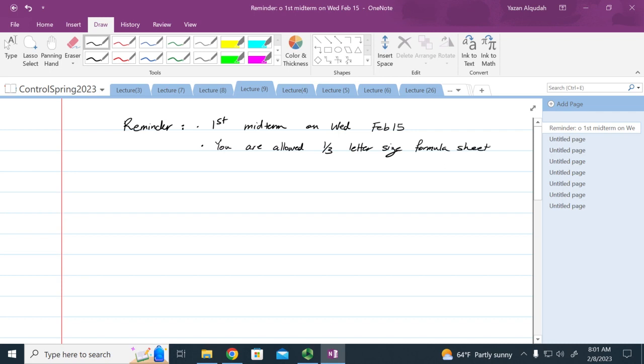So you're going to take letter size, divide it into thirds. One third you're going to use for the first exam, the second third for the second exam, and the third for the final exam. So you can write whatever formulas you want. So would you be using the sheet as a continuation? Yeah. Okay. Yeah, you're going to keep the sheet with you. Right. So you bring it again on the second exam, you bring it again in the final exam. So by the end, we'll have a whole sheet.